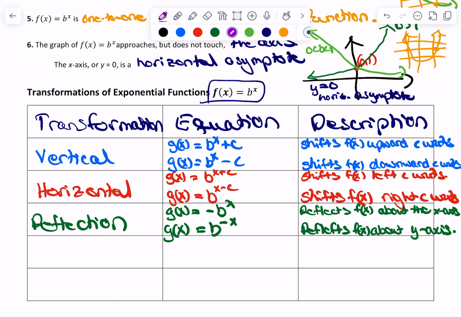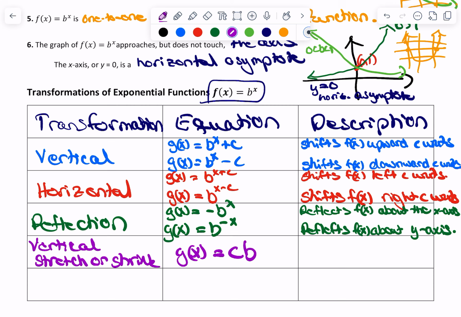Okay, next is the vertical stretch or shrink. When we're talking about vertical, it means that we're doing it to the y, so the c is going to be in front of the f of x. So c times b to the power of x.